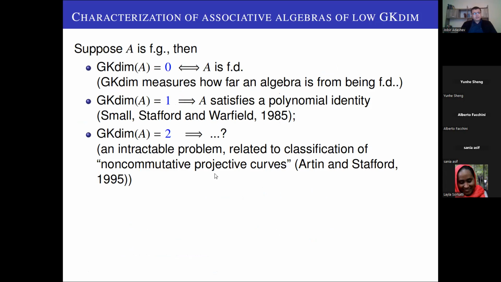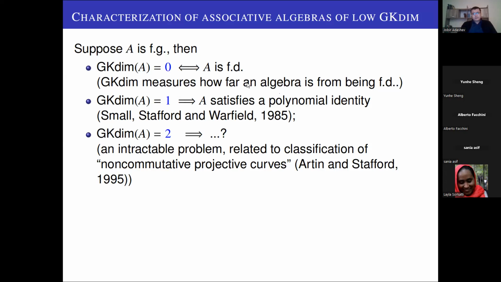Let me give you some characterizations of associative algebras of low GK dimension. If A is a finitely generated associative algebra, then GK dimension is 0 if and only if A is finite dimensional. So in this sense, the GK dimension measures how far an algebra is from being finite dimensional.